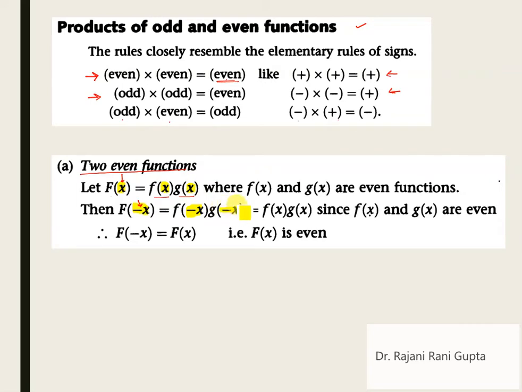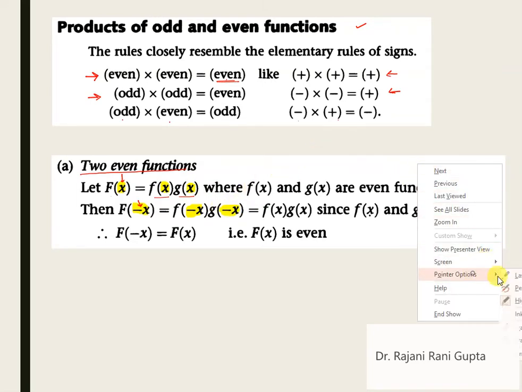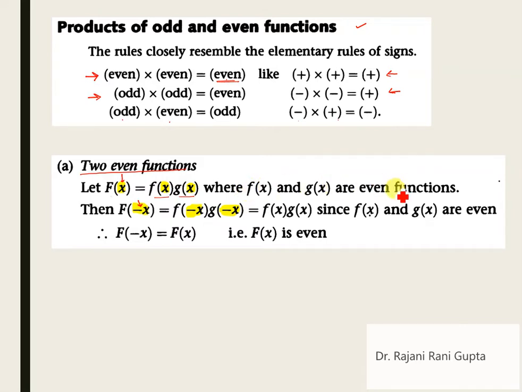Now since it's given that f of x and g of x are even functions, it means f of minus x is the same as f of x, and g of minus x is the same as g of x, because both are even. So in place of f of minus x, we replace f of x, and in place of g of minus x, we replace g of x, which gives you the original function F of x. Hence, we prove that F of minus x is equal to F of x, where F of x is an even function. So this is how we prove that the product of two even functions is an even function.